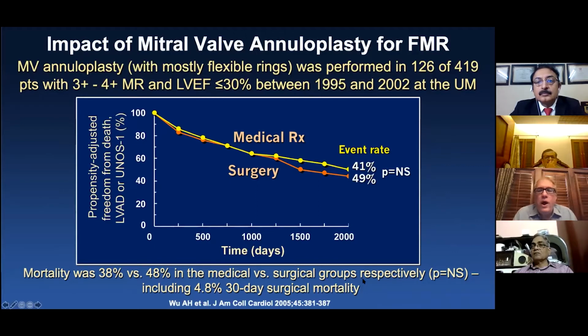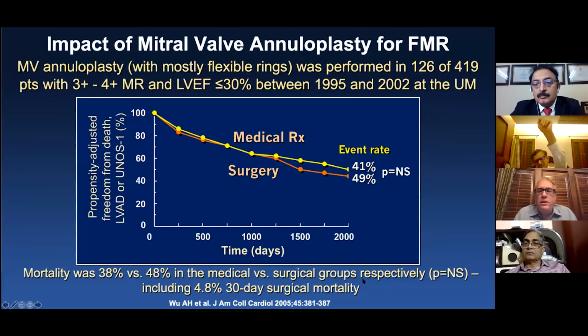The most widely quoted study from many years ago from the University of Michigan, probably the largest in 419 patients, really shows no differences in outcomes with surgery, which for secondary MR is primarily an undersized rigid annuloplasty ring. No differences, though, with medical therapy.